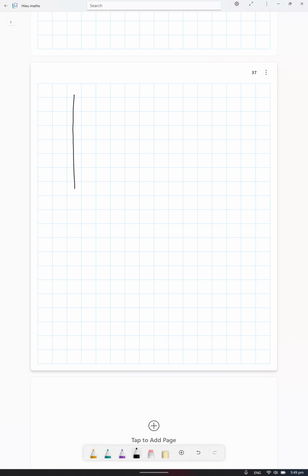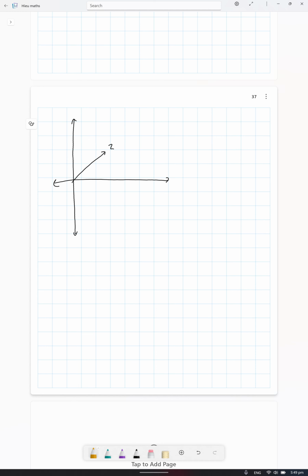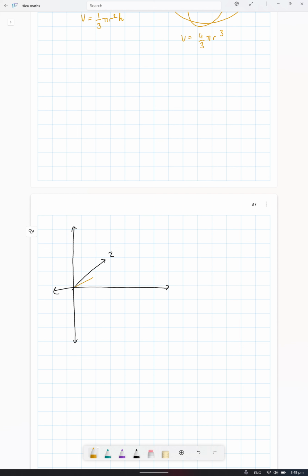So if we think of our cone and we put it on an axis like this, and we're gonna say, bam, like that. At point 0, that's the tip of the cone.